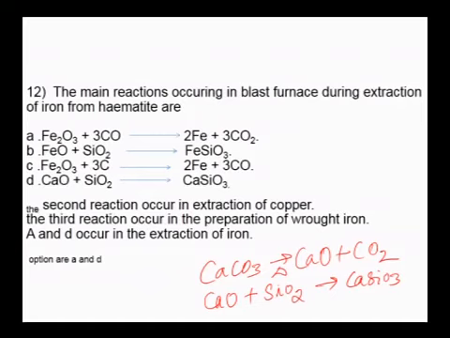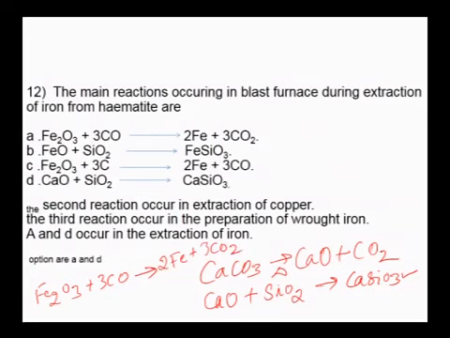So this is also a reaction taking place in the blast furnace. And also the first reaction, Fe2O3 plus 3CO, that is carbon monoxide, reduces iron oxide to iron at low temperature. Hence, it gives 2Fe plus 3CO2.